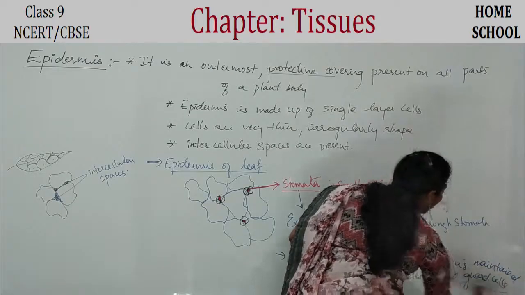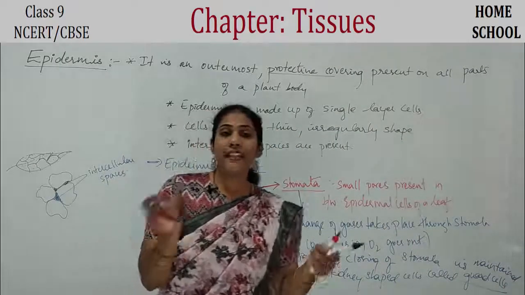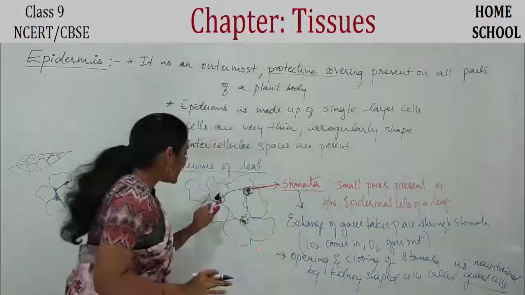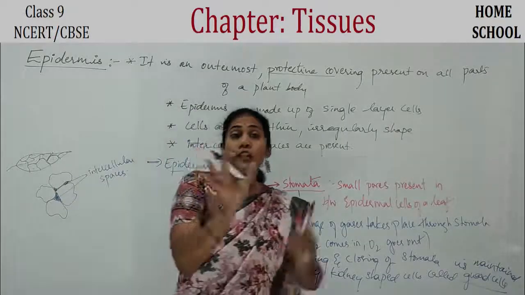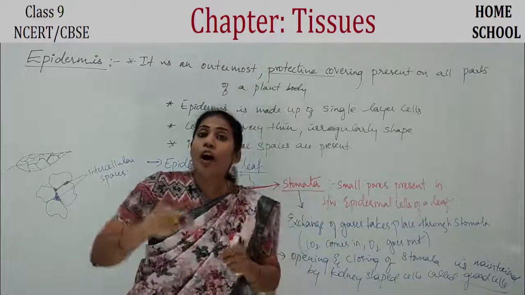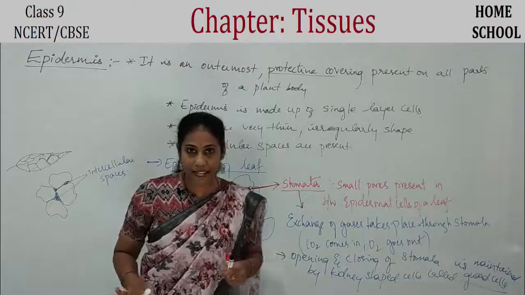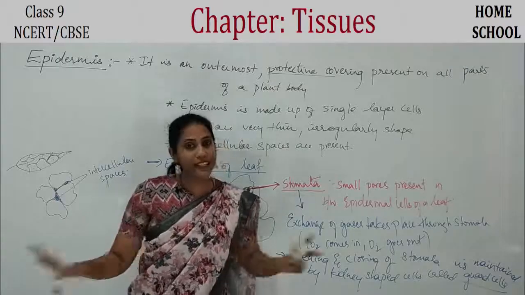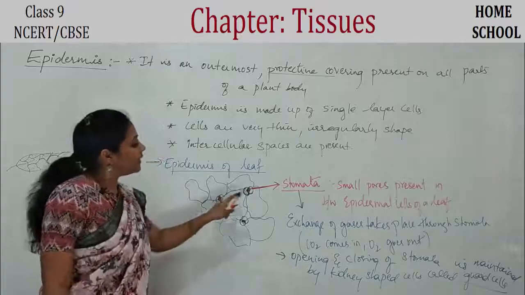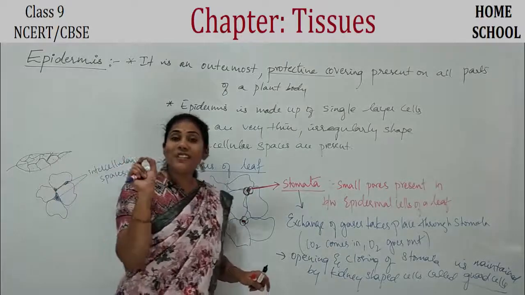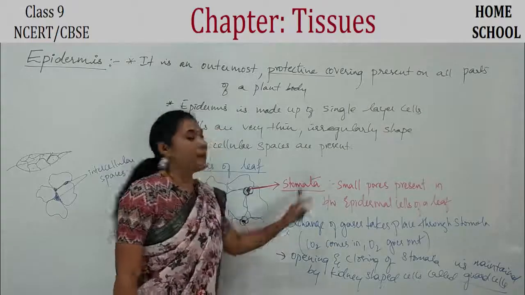And actually, when the stomata is open and how the stomata is closed, how these kidney cells are helping the hole to open and close, all this you will learn next year. Okay, that is in the 10th standard. Now, don't worry too much. Just try to remember, in the epidermis, here and there, you will find small holes or pores. We call them stomata.